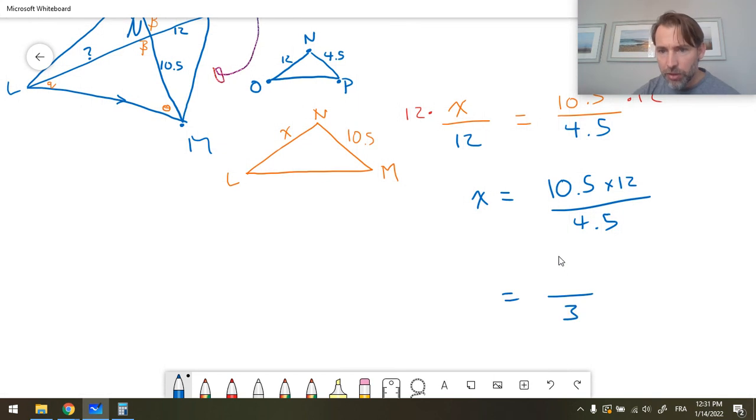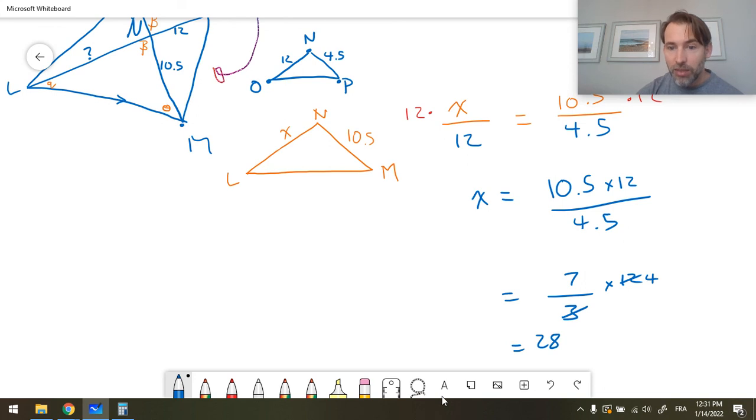So that would be over 3. If I divide this by 1.5, that's 3. And 10.5 divided by 1.5 is 7. So this is 7 over 3 times 12. Okay, the 3 cancels the 12 and makes it a 4. So X is equal to 28.